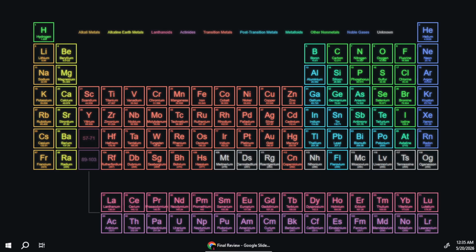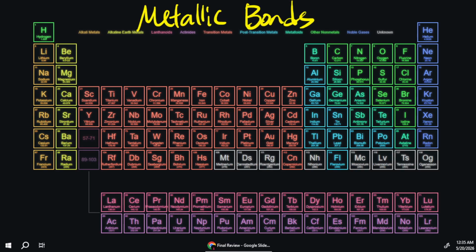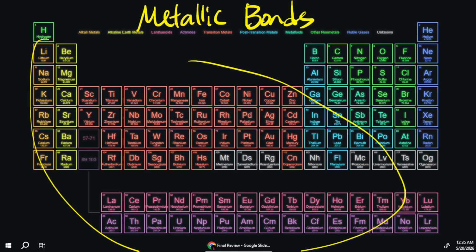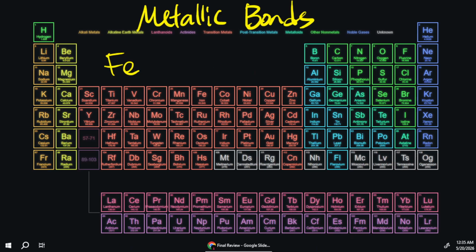All right, let's go back to metallic bonds. Metallic bonds are bonds between metals only, okay? So for example, we have iron, Fe. This is why I got sidetracked, because of the Fe, different symbol. Okay, next one we have something like gold, Au.